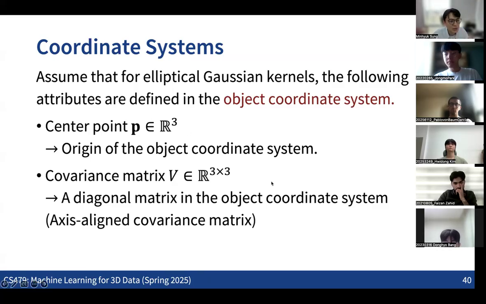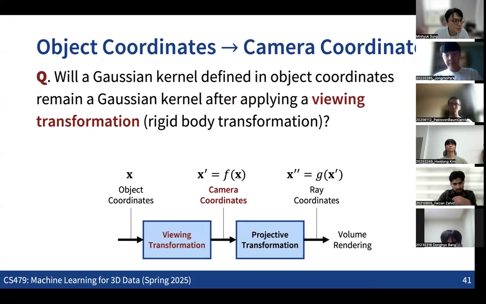So once we have that setup, what we are going to see is how each Gaussian kernel will be transformed through the viewing transformation and the projective transformation. So here the question is: will a Gaussian kernel defined in the object coordinate system still remain a Gaussian kernel after applying the viewing transformation? Or what's the answer for this?